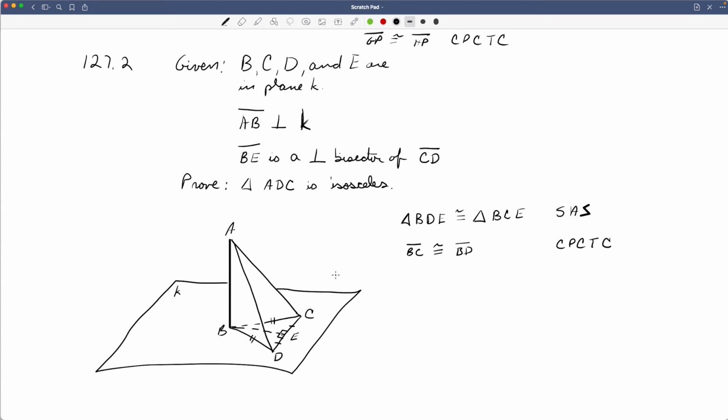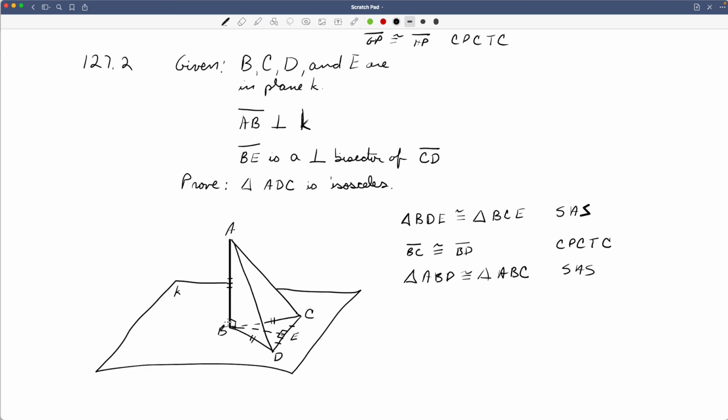We can also show that the triangles ABD and ABC are congruent by side angle side. So triangle ABD is congruent to triangle ABC, and that's going to be by side angle side because we have side, the same angle, they're right angles because they're perpendicular to the plane, and this is the same side for both of these triangles.